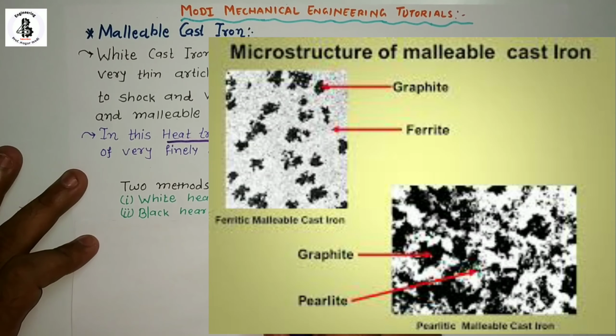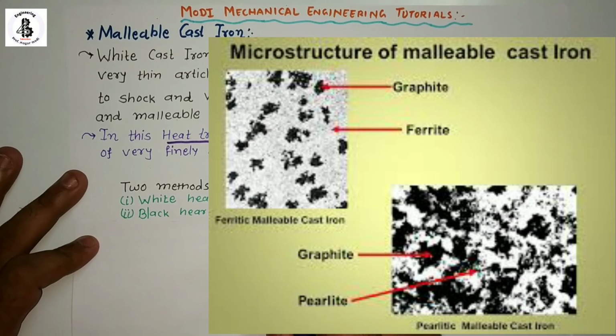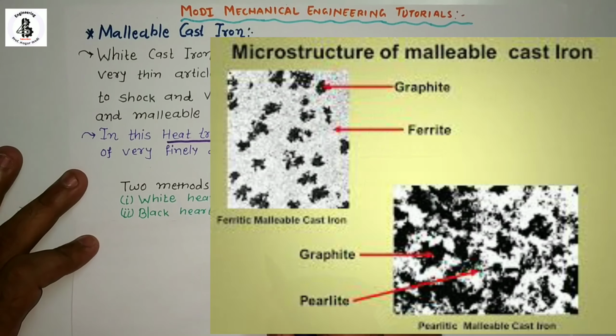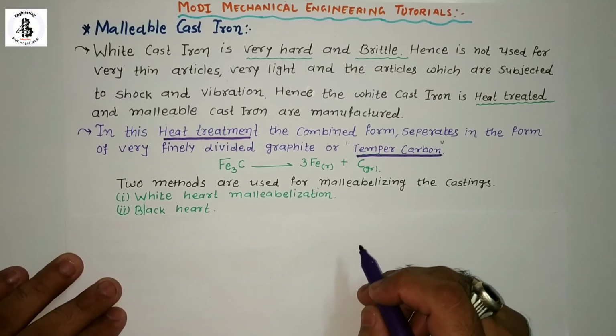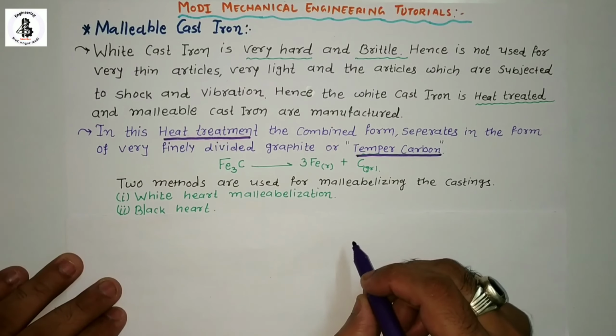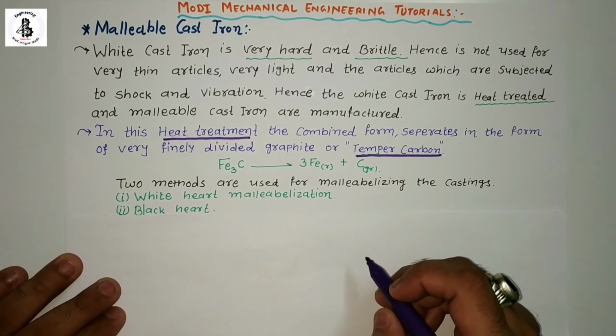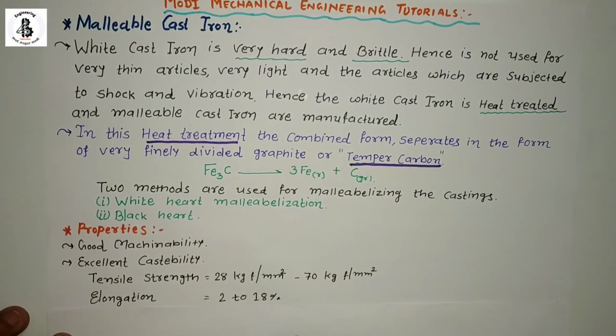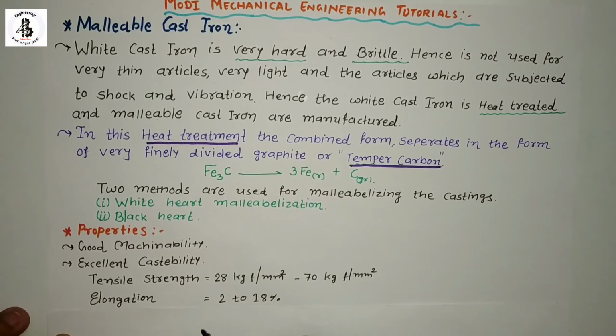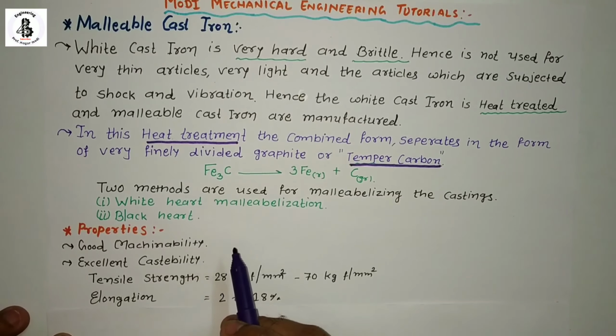This rapid cooling prevents the dissociation of cementite associated with the pearlitic structure, or alpha ferrite plus cementite. Further heat treatment can be given to the pearlitic malleable iron to harden and temper it to produce tempered martensite. Such a structure can be made by white heart or black heart malleabilization.